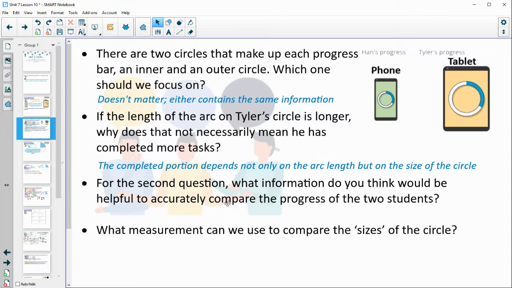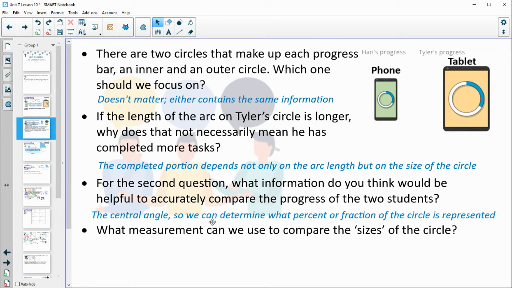percent. But speaking of measurements within the circle, what we truly need is the central angle, because that central angle represents the fraction of 360. Both of these circles are 360 degrees total. So if we knew this central angle measure, we could do a direct comparison there. So what central angle is completed?